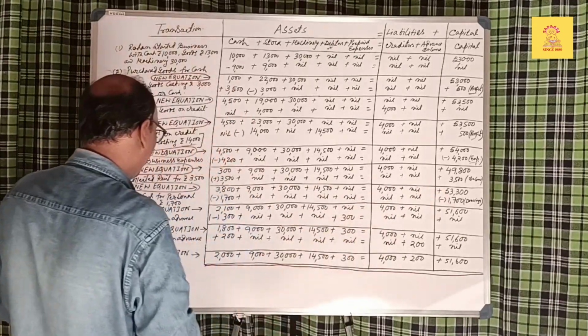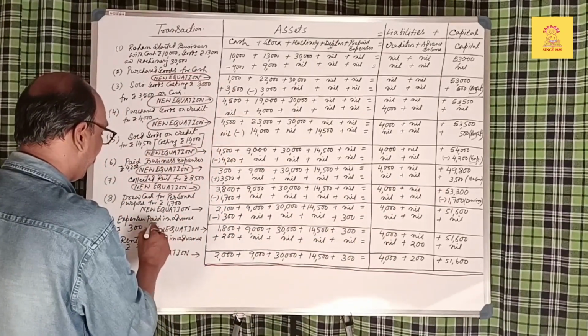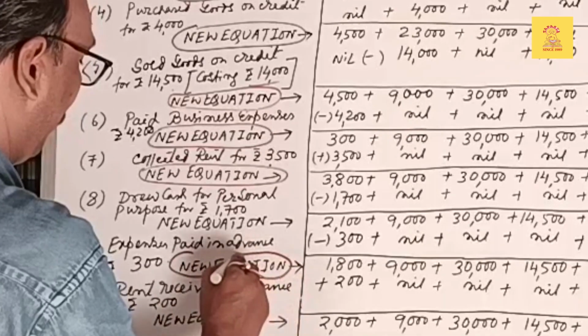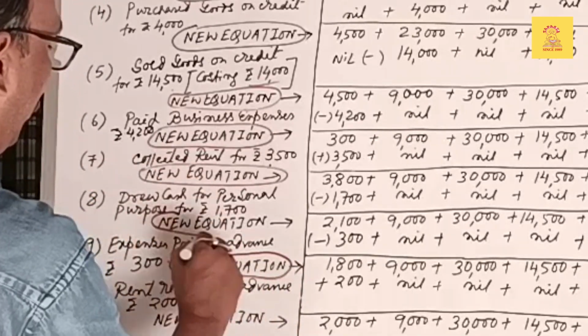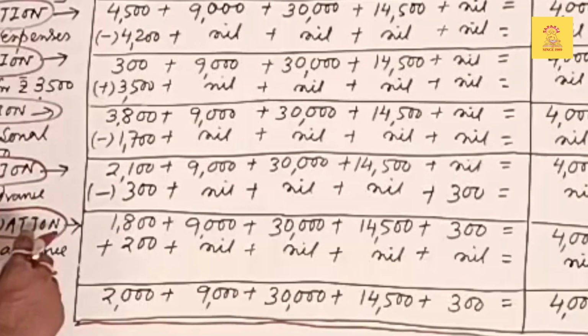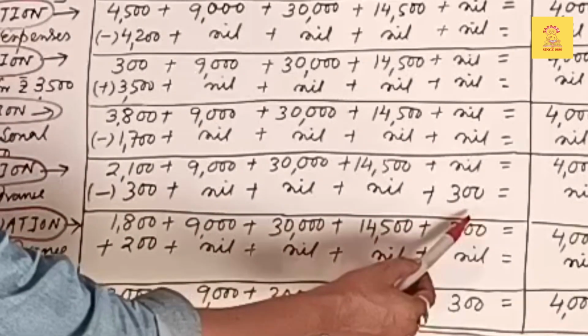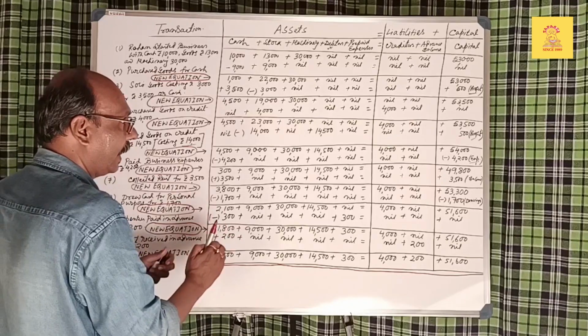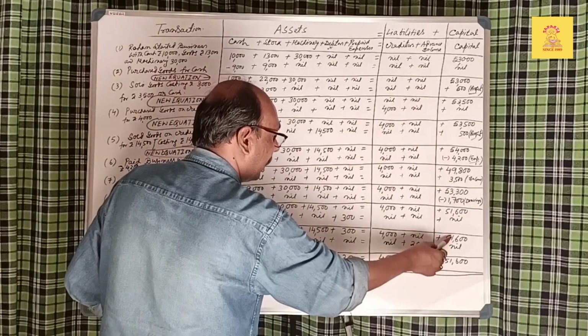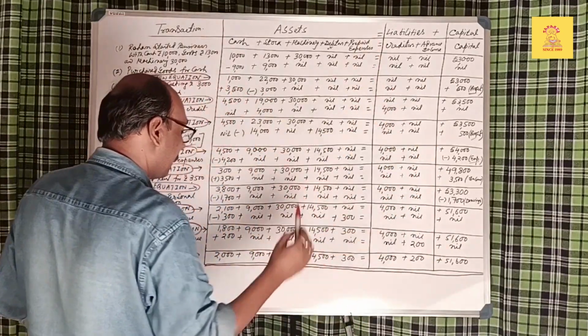So the new equation becomes 1,800 plus 9,000 plus 30,000 plus 14,500 plus 300. If you add them together, you will get the same result as capital plus liabilities.